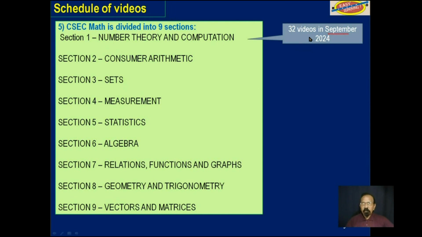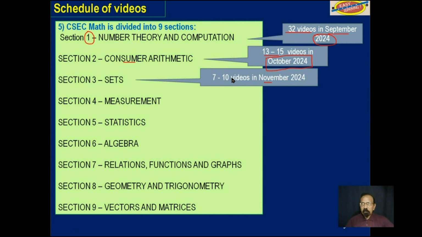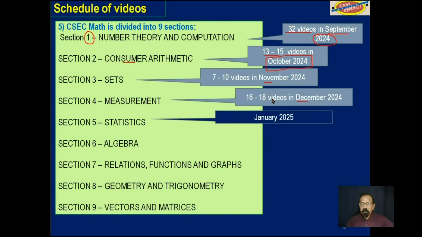By the end of this month, September 2024, I'm hoping to have all 32 videos completed and uploaded from section 1. Then next month, consumer arithmetic. That would be October 2024. Maybe 13 to 15 videos, and so on by November, December.